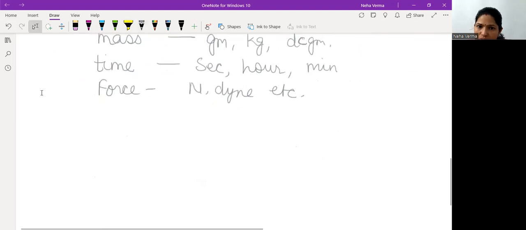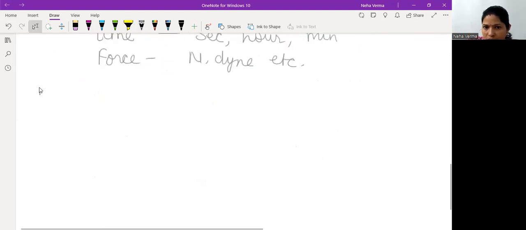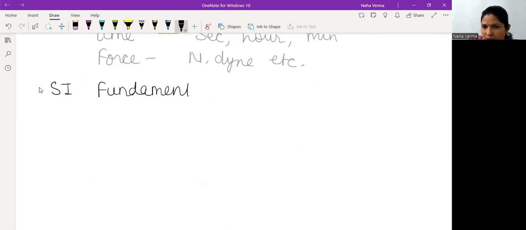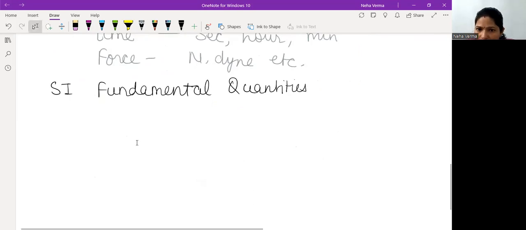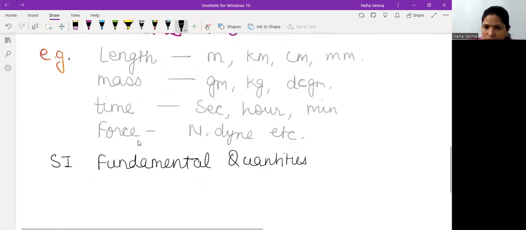Let's make a chart for these quantities. Just a second. SI fundamental quantities. One thing, this force is a derived unit, so we cannot write it here.